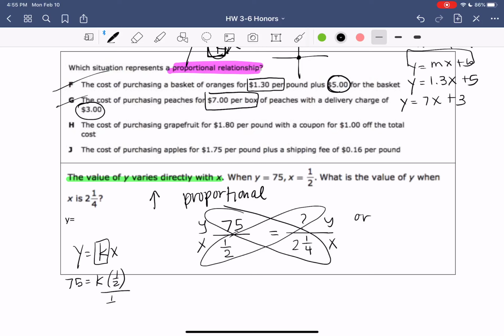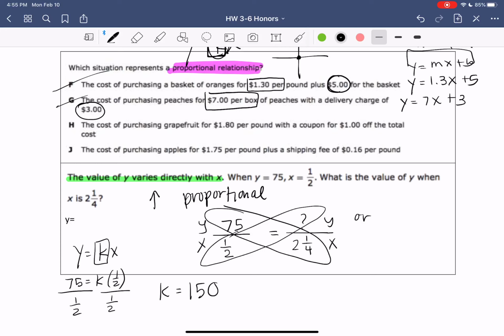Then I would divide both sides by 1/2, and 75 divided by 1/2 will give us k as 150.